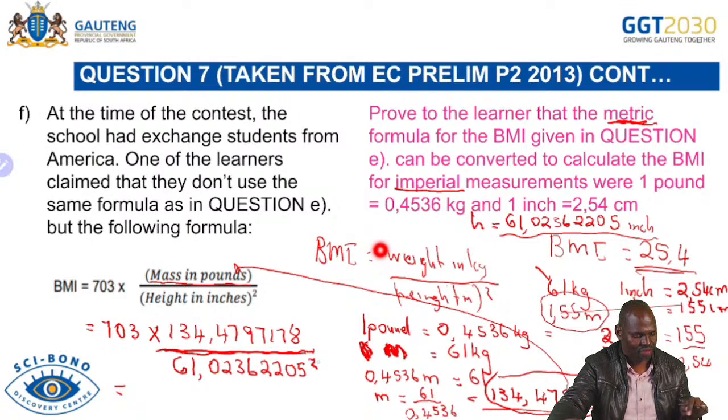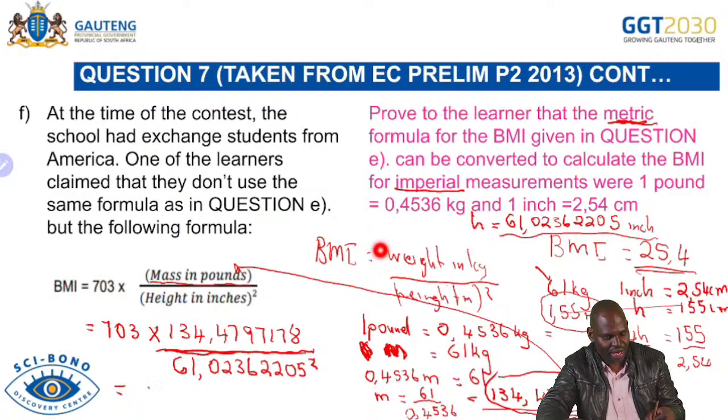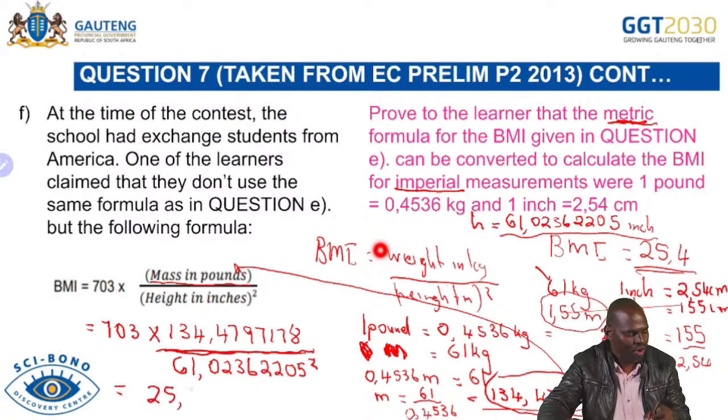Remember to square it. Then I get 25.387.